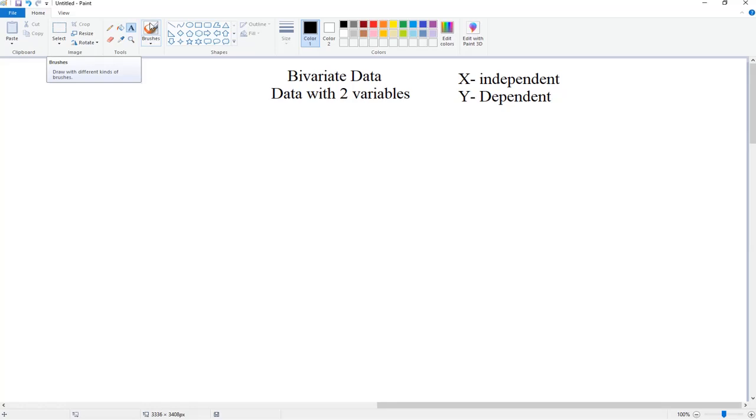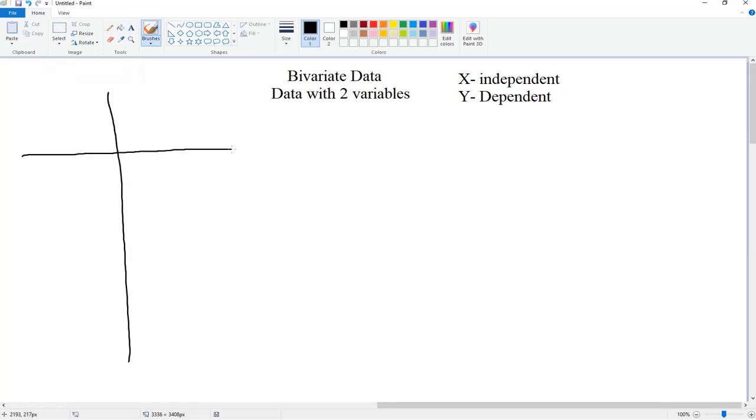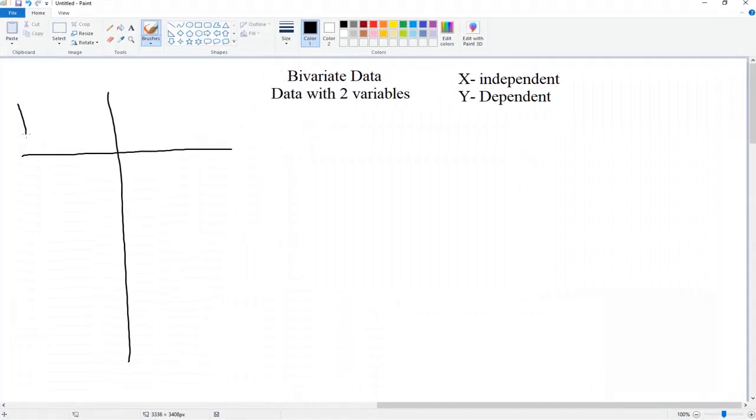For example, with this kind of data, you would be given information based off a sampling. Now, that sampling could say, let's say, this is the temperature, and then this is the number of ice cream cones sold.